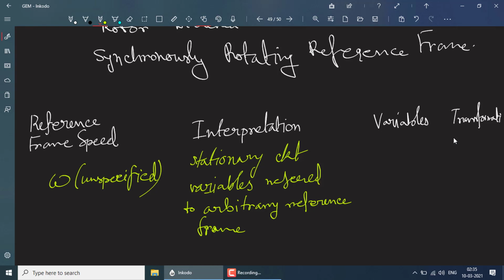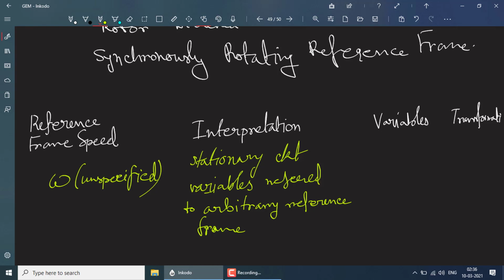Now the slip speed is 100 rpm. So if the reference frame is rotating at 100 rpm, that means the reference frame is rotating at slip frequency. But it does not always mean that; it can be anything. It can be 100, it can be 1500, it can be even 3000. It is completely unspecified and will be chosen based on our requirement.